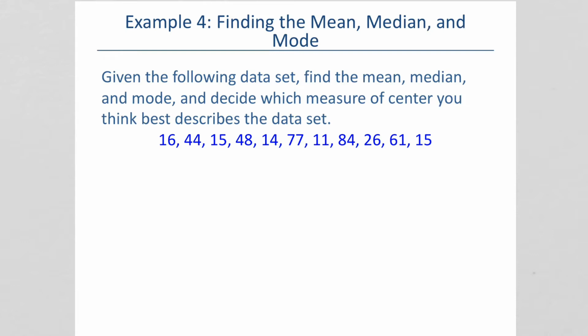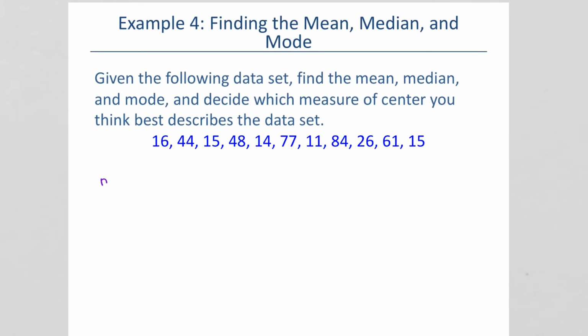Given the following data set, find the mean, median, and mode, and decide which measure of center you think best describes the data. So the mean is, of course, all of these values added up.